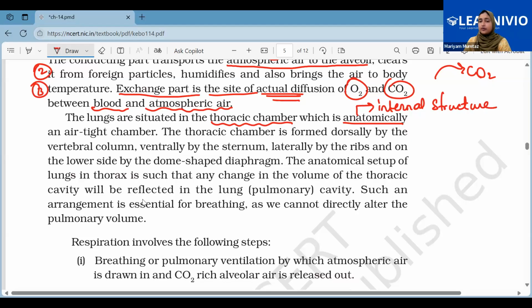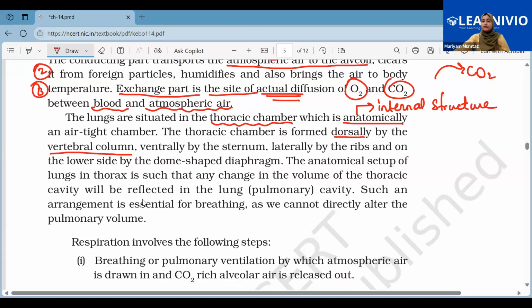Now let us see the whole thoracic chamber, which contains the lungs, the ribs and all. So how is it formed? The thoracic chamber is formed dorsally by the vertebral column. So if we start from the back, our thoracic chamber has the vertebral column.